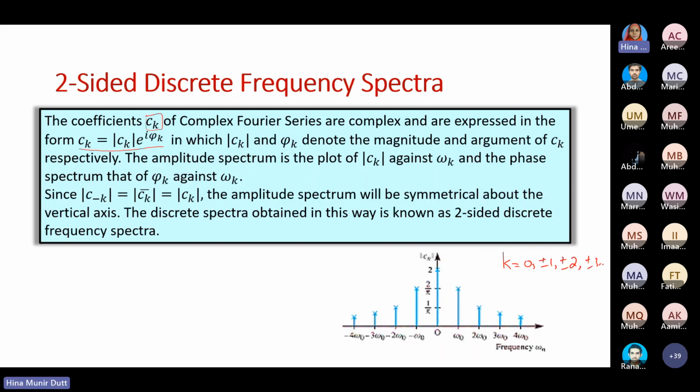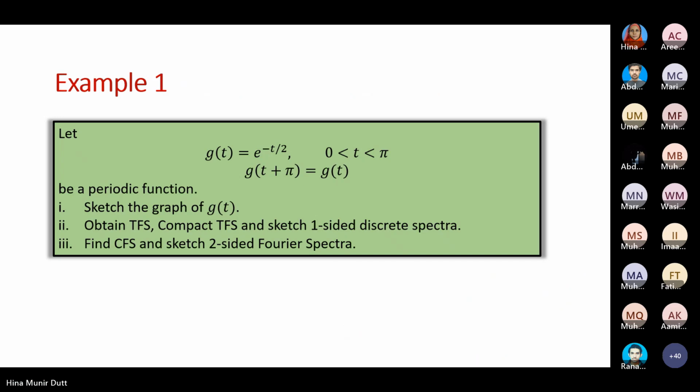The values of k are negative. So I have values omega 1 equal to plus minus omega, omega 2 equal to plus minus 2 omega. Positive values are plotted here and negative values are plotted here, because omega k is equal to k omega. In this case, it is known as two-sided spectrum.